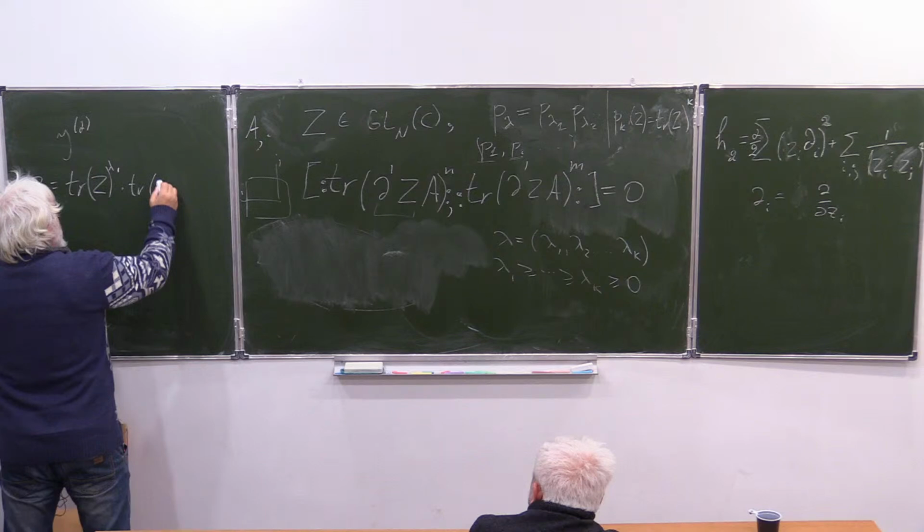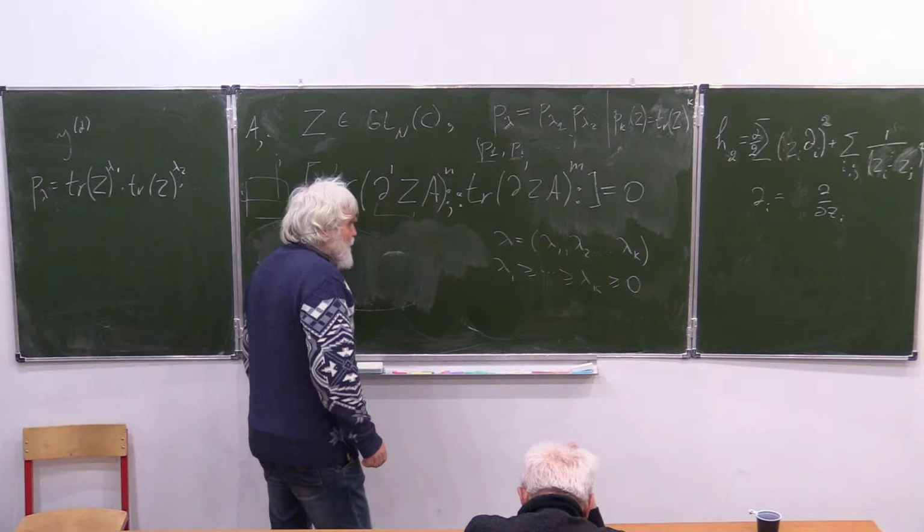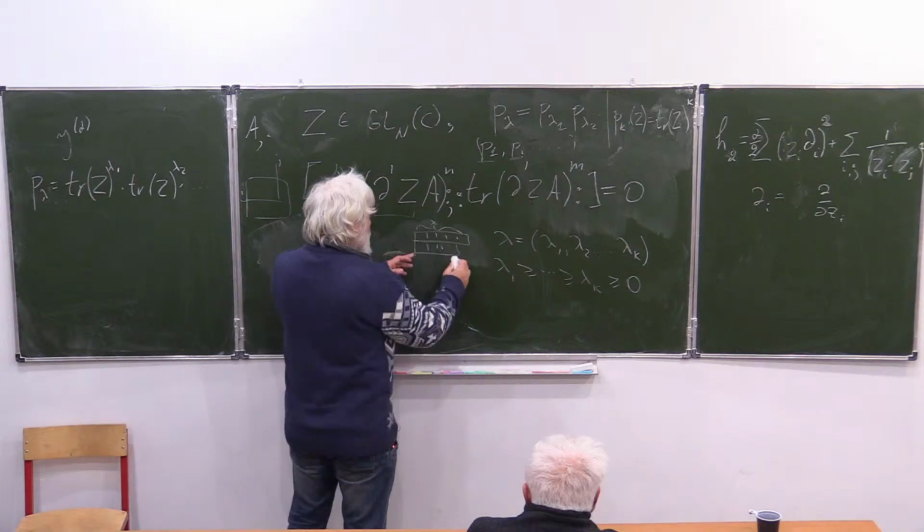The number of non-vanishing parts is called the length of the partition, and the sum of these parts is called the weight of the partition. People may be familiar with Young diagrams: it is a set of rows with numbers of nodes, lambda 1, lambda 2, and so on.